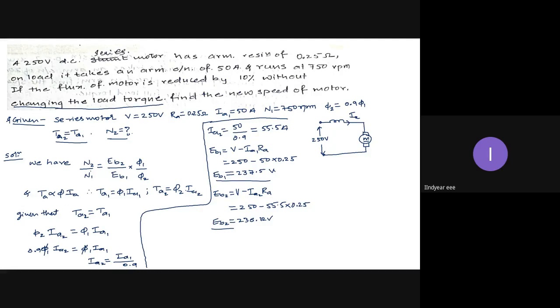So I can calculate N2. Therefore, N2 is equal to N1 into EB2 by EB1 into phi1 divided by phi2, which is 1 over 0.9.